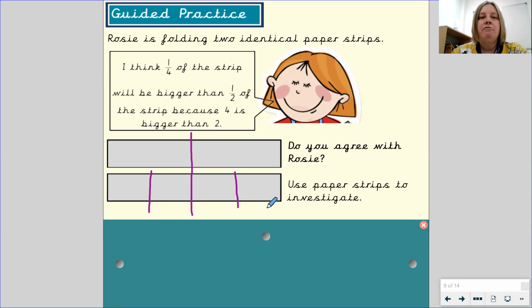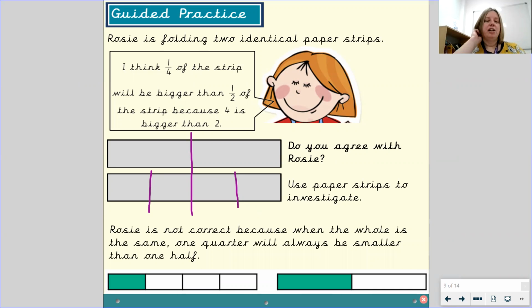Now let's think about Rosie's statement. Rosie thinks 1/4 of the strip will be bigger than half of the strip because 4 is bigger than 2. Do you agree with Rosie? Pause the video and have a think about your answer. Let's see what we know.